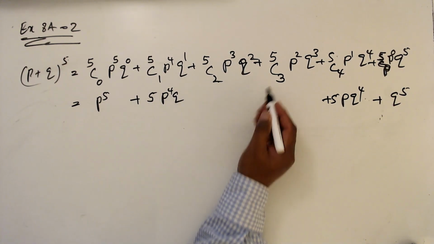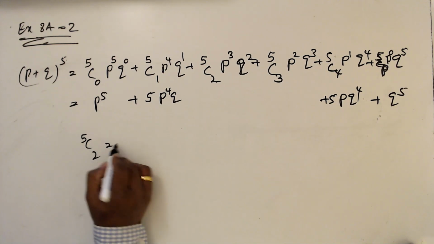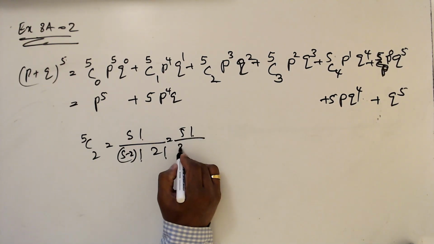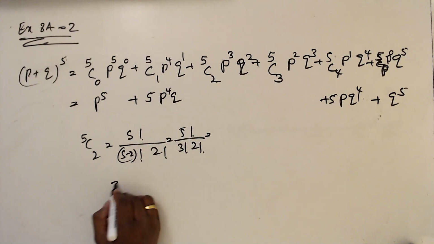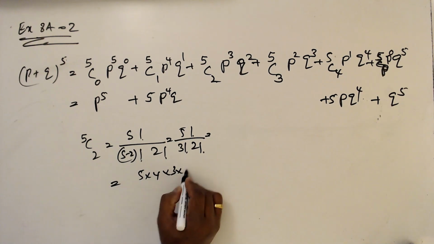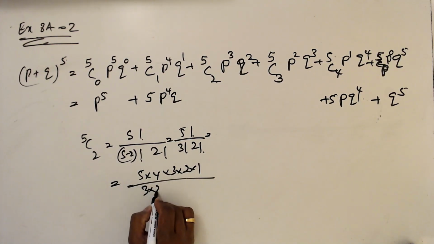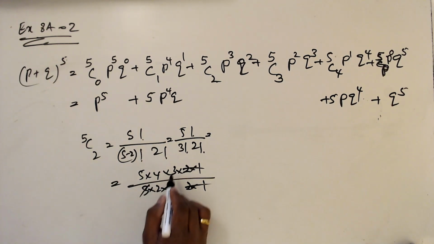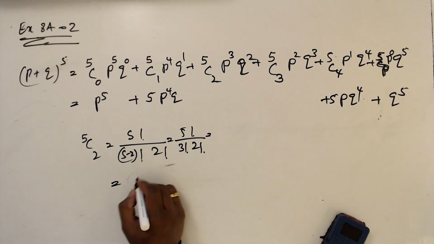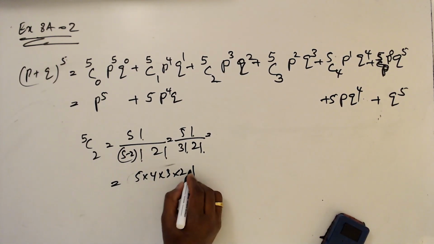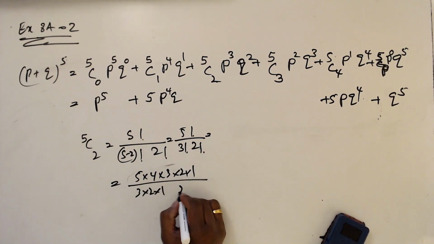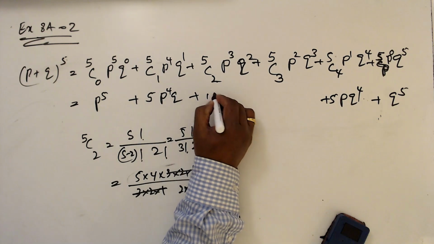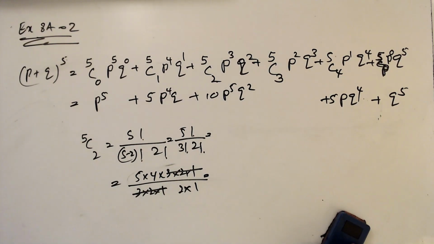Now how many are missing? 5C2 and 5C3. 5C2 is 5 factorial over 2 factorial times (5 minus 2) factorial, which is 5 times 4 times 3 times 2 times 1 over 3 times 2 times 1 and 2 times 1. The 3 factorials cancel out, so 20 divided by 2, 10. So 10p^3 q^2.